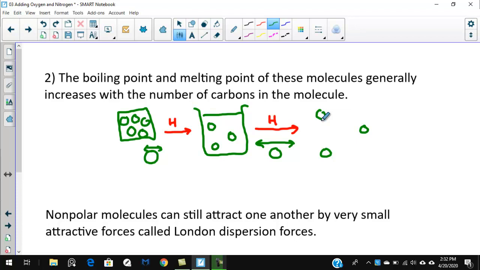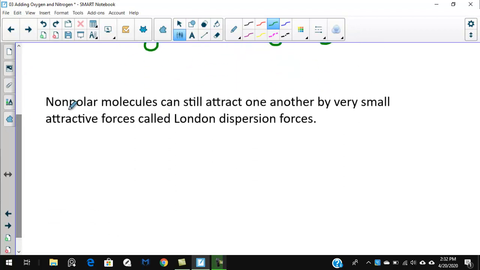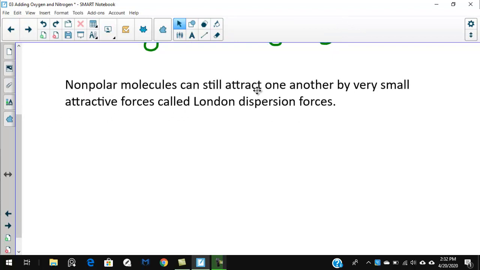Okay? Now, non-polar molecules only have one kind of force that holds things together. We talked about a little bit of this, but we'll go into some detail here. Non-polar molecules, because they don't have charges on them, it was discovered that they have tiny little forces called London dispersion forces. And that's what holds the molecules together in these non-polar molecules.